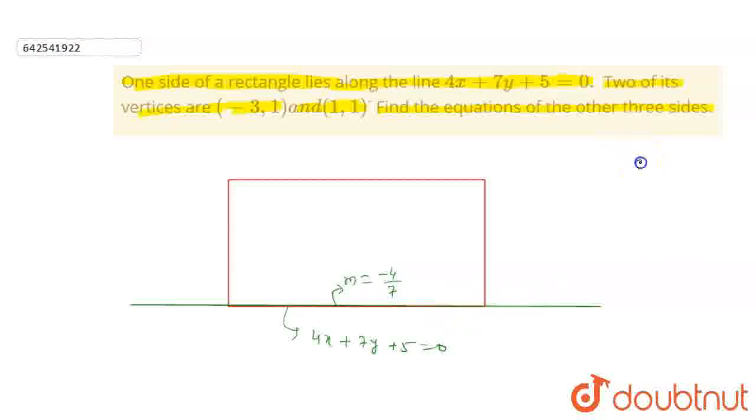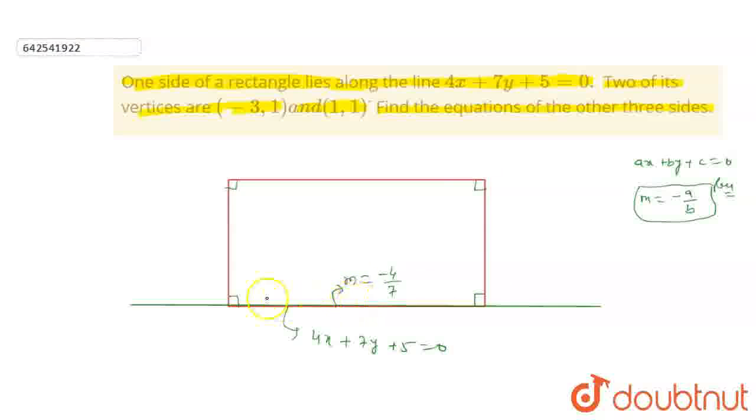Because if you have ax plus by plus c is equal to 0, then the slope m of this line will be minus a by b. You can remember this formula. Okay, now we know the adjacent sides of any rectangle are perpendicular to each other, means this is 90 degree, this is also 90 degree, and this is also 90 degree.